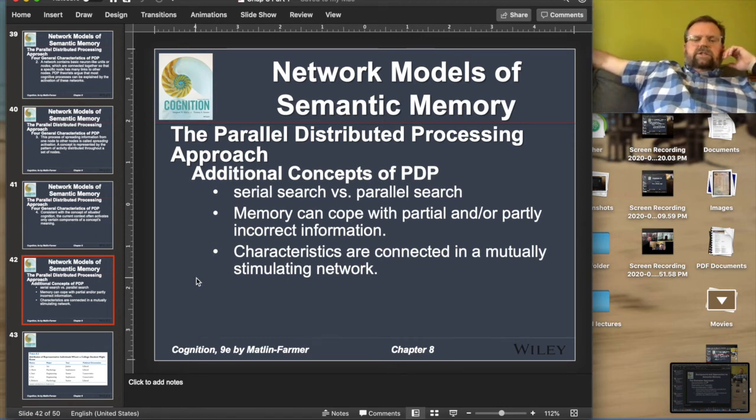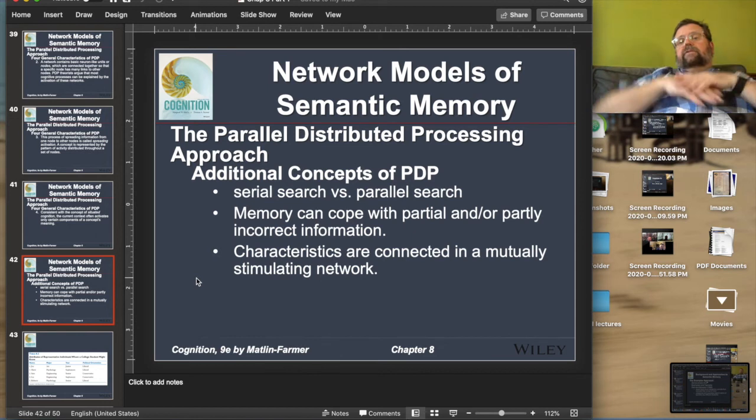Now, what's really interesting about the parallel distributed processing approach is that the memory can cope with partial and or partly incorrect information. The idea is that there can be certain holes in your memory about a concept, but that doesn't mean that you've forgotten everything about the concept.